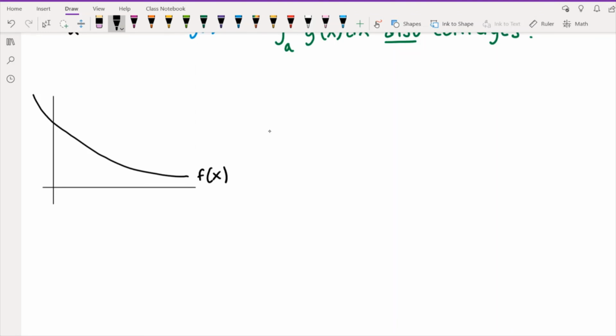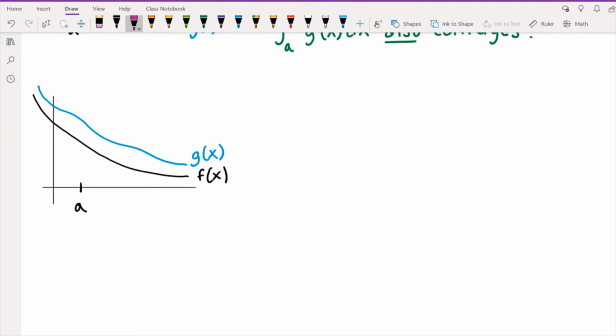And then let's say that g of x now is a function that is greater than or equal to f of x. So if the first one diverges and the second one is even bigger, well, that should diverge as well, right?